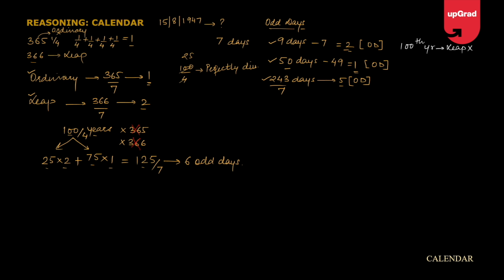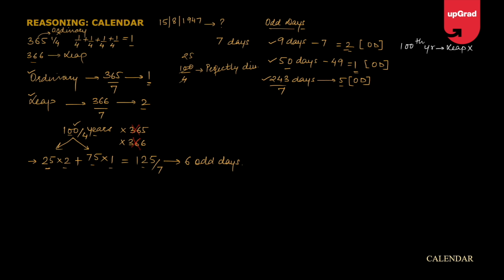Why is it not a leap year? I'll tell you the reason behind it in some time from now. But at the moment, you just have to remember this, that the 100th year is not a leap year. And the moment I say so, this calculation will change. Why? Because according to my calculation, the 100th year should be a leap year, and therefore I was getting 25 leap years.